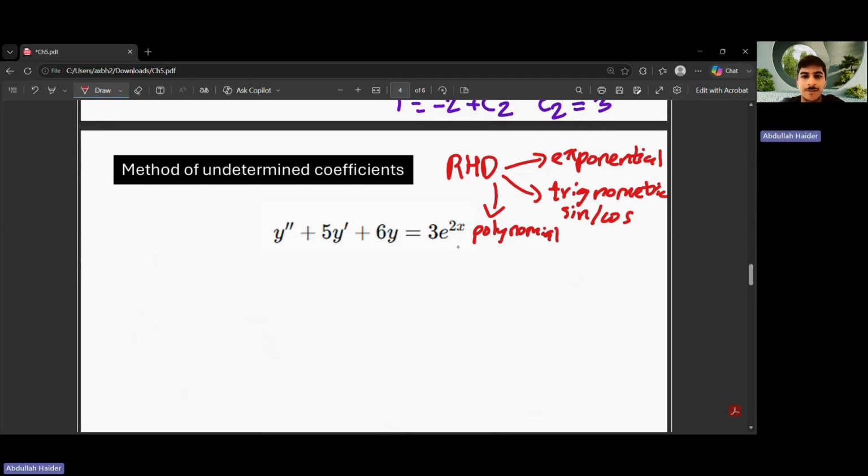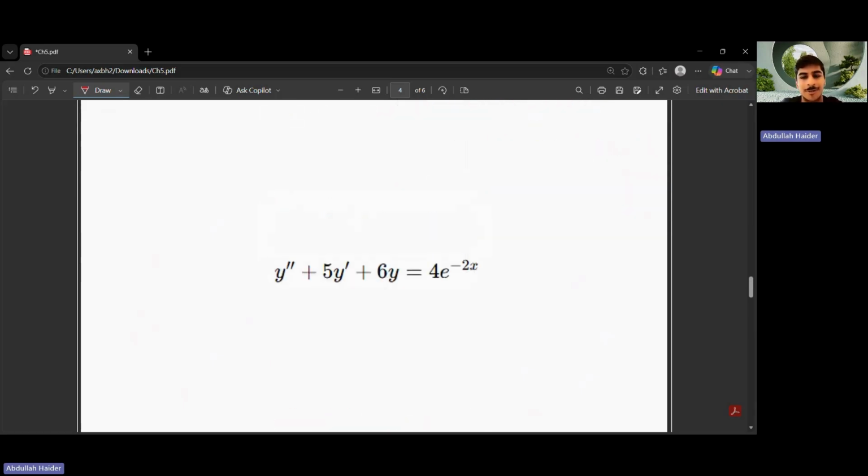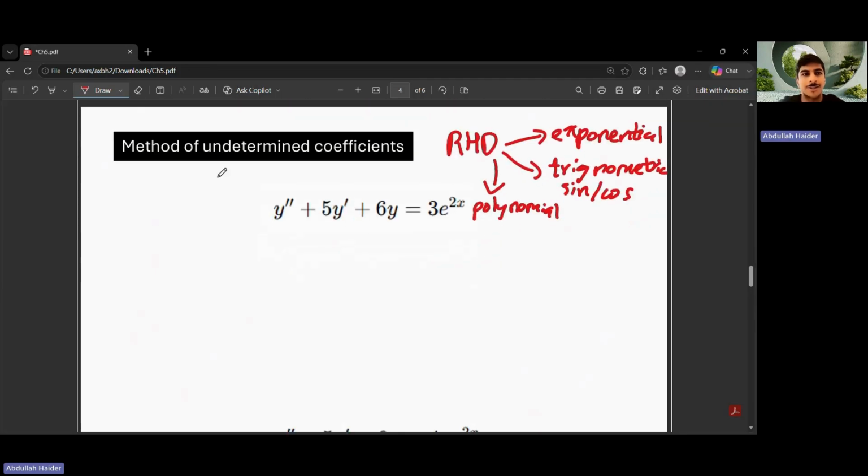So here you have 3e power 2x, which is exponential, and for the next 3 questions, I'll explain how to tackle the exponential questions. Whenever you have to use the method of undetermined coefficients, the form of y of x is always the homogeneous solution plus the particular solution.